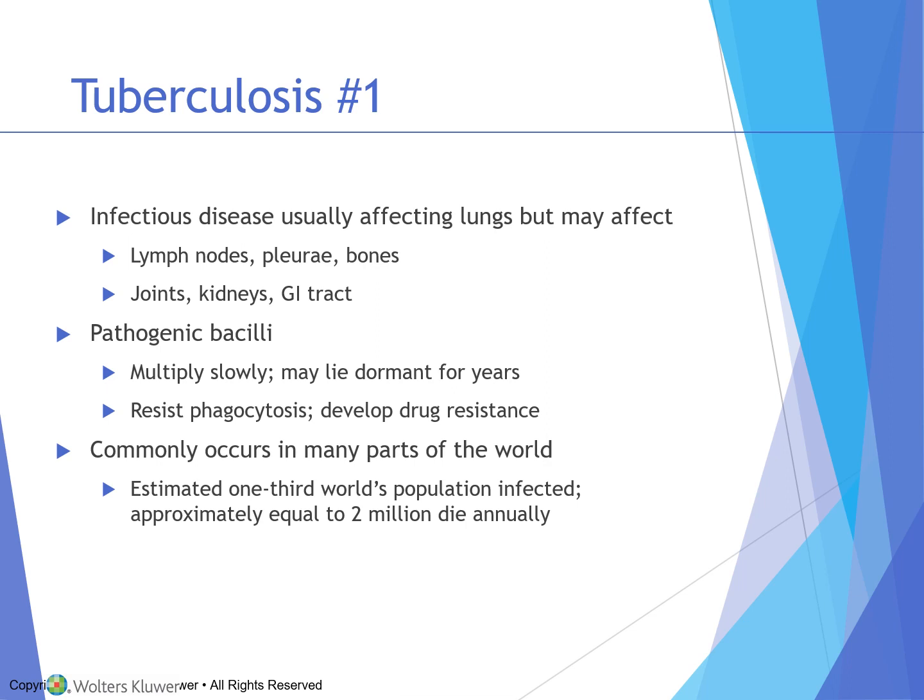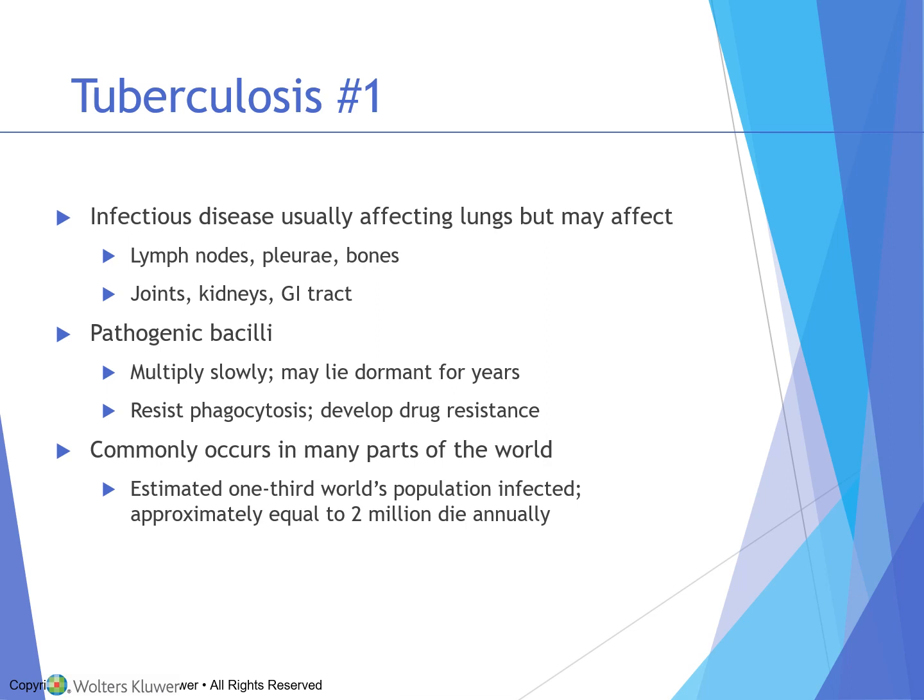Now, this infection could actually resist phagocytosis. Remember, phagocytosis is a way of our own immune system engulfing certain organisms in order to destroy them and get rid of them. And these pathogens can also develop drug resistance.